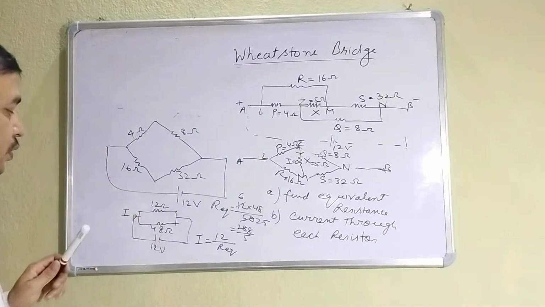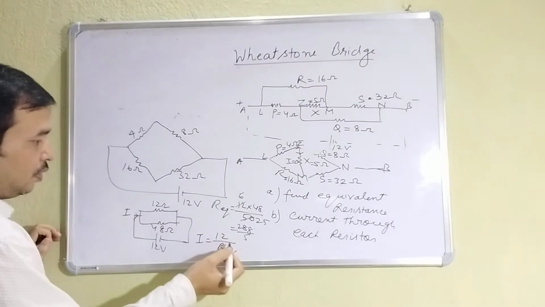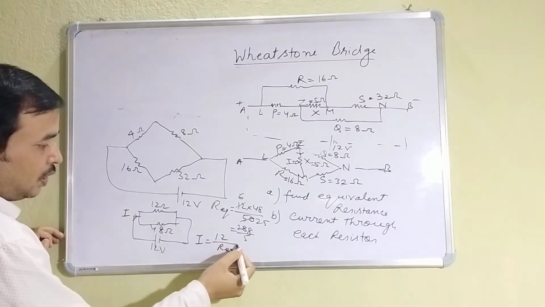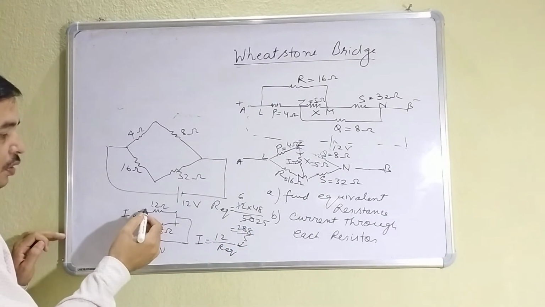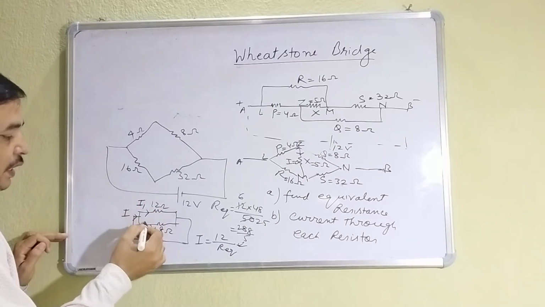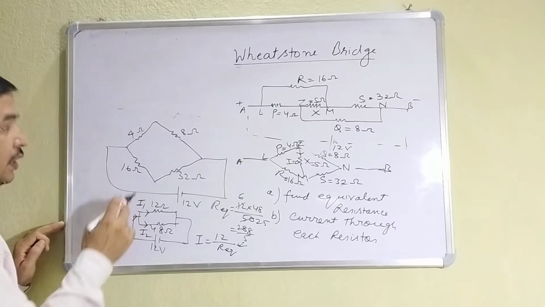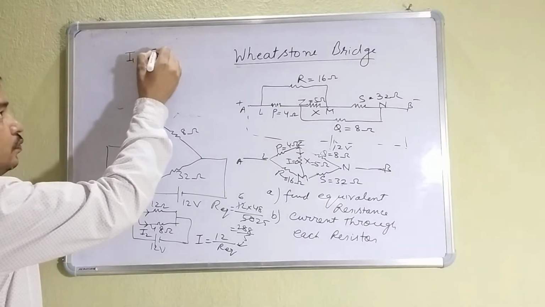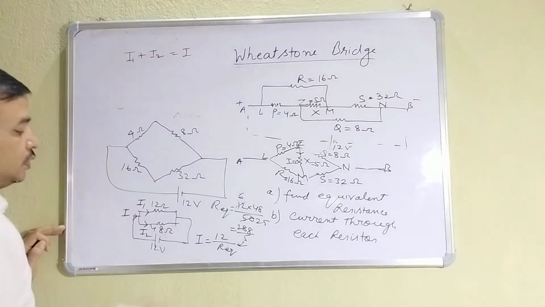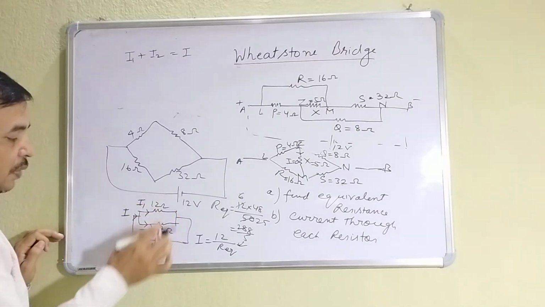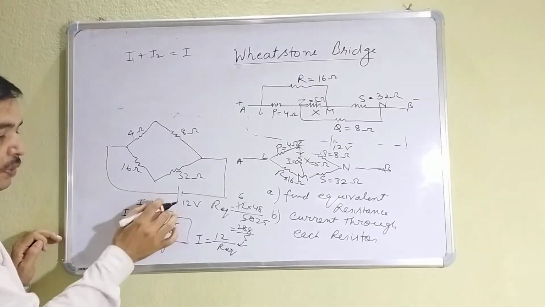See how. Suppose out of this total current, which you will get from this calculation, I1 goes in this side and I2 goes in this side. Now you can write two equations. I1 plus I2 is equal to I. Second, these two resistors are in parallel, so the potential drop across them must be equal.